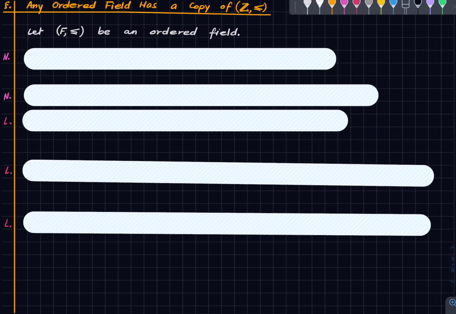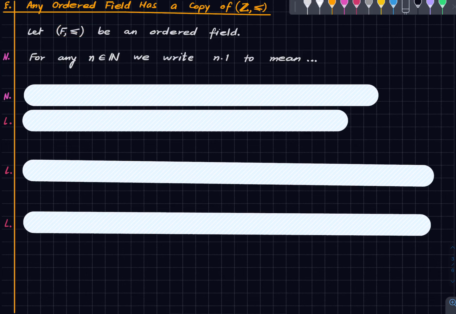So first we will show that any ordered field has a copy of the integers, and not just an algebraic copy, a copy that respects the ordering. So fix some ordered field. Then for any natural number n, we will write n dot 1 to mean 1 plus 1 plus dot dot dot.